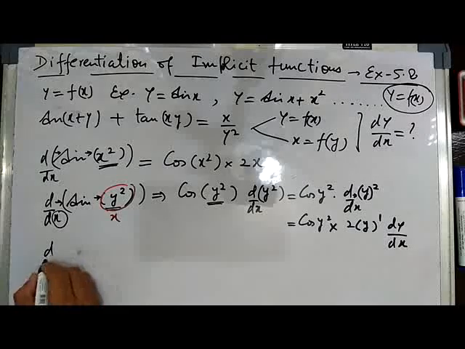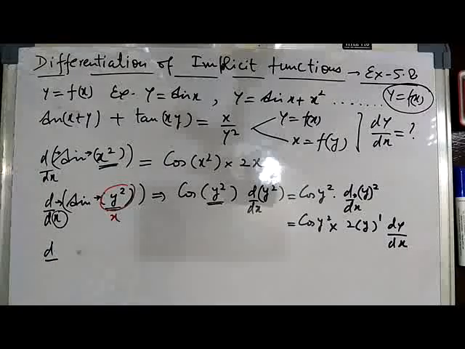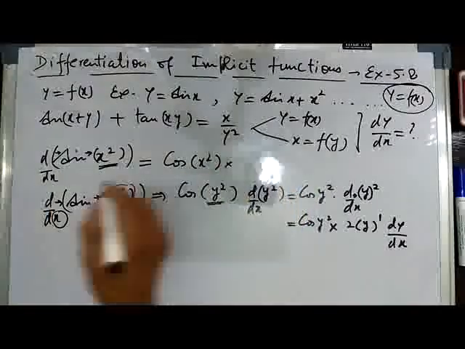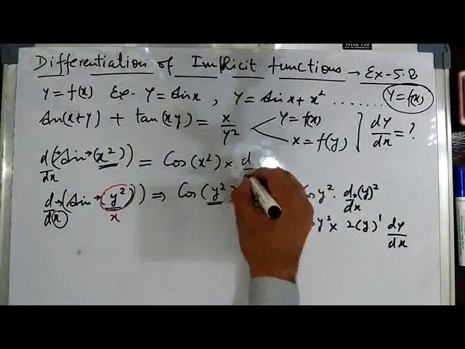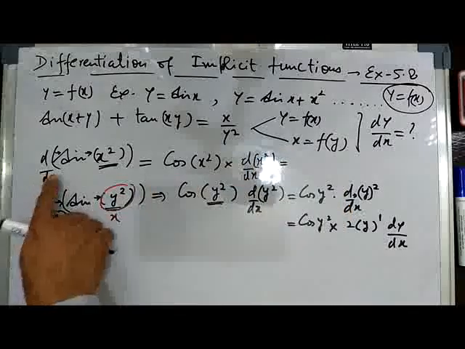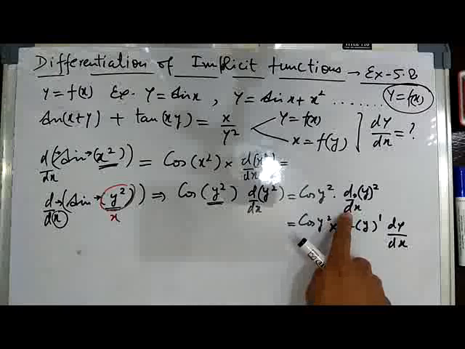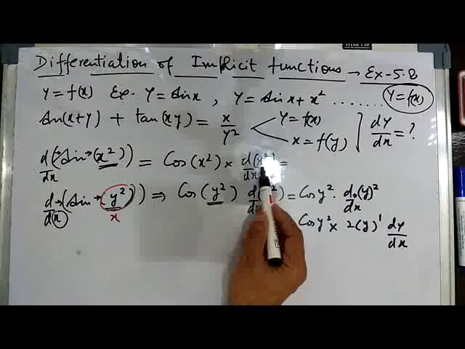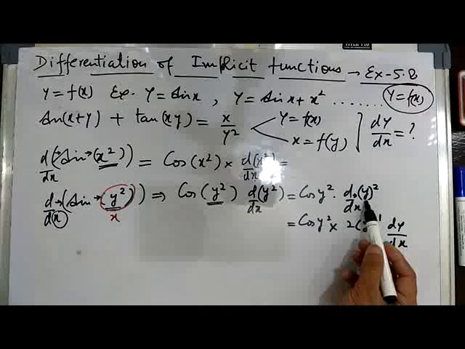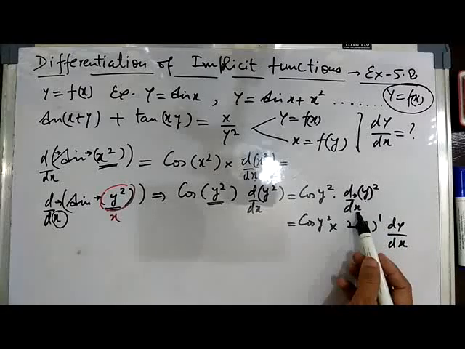To distinguish, for example, if we continue this question like this, d dx later reaches here. Here differentiation of x is taking place with respect to x, but here differentiation of y is taking place with respect to x.